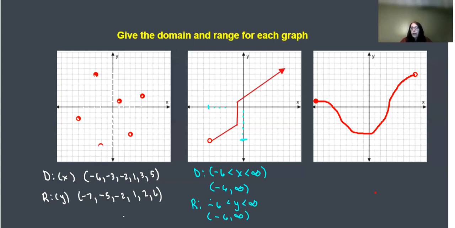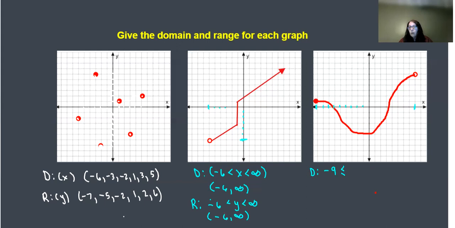Let's take a look at our last one here. So the domain, how far left and right does it go? We'll put it right here and right here. So from 0, I got 1, 2, 3, 4, 5, 6, 7, 8, 9. So -9, and it's closed on the -9, so I'm going to use the less than or equal to.